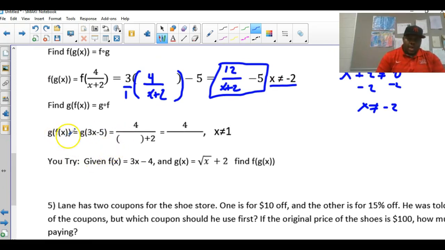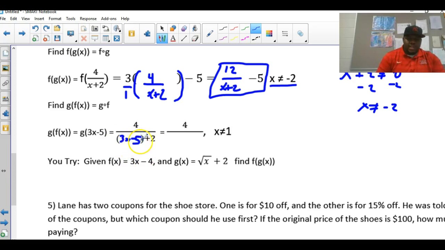Over here, we have g, which is 4 over x plus 2. We're going to evaluate it for g of f, which means put f inside of g. So where that x was, we need to put in f, which is 3x minus 5. Now evaluate that denominator for like terms.